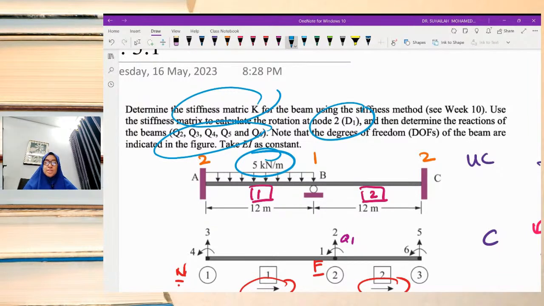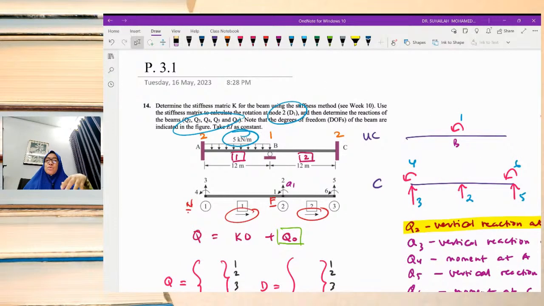In this question you actually have to give the stiffness matrix, capital K, in full. If the question just asks for these two things, calculate displacement and calculate reaction, you can follow the steps I have shown to you tonight.